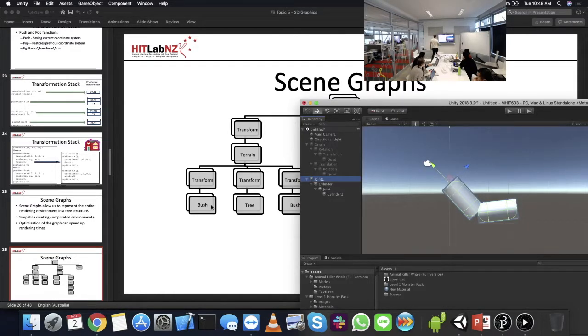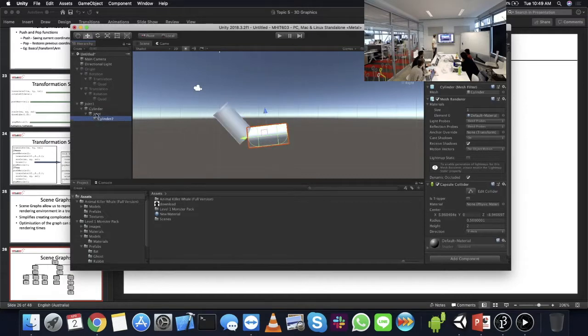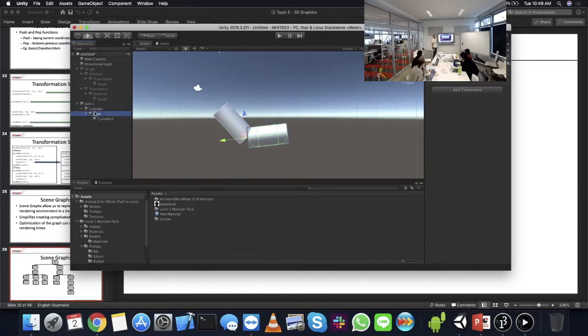So I've tried to sort of mimic that idea a little bit here, in that we have joint 1 and joint 2 really, to make sense. But these two joints, you'll notice they have no components attached to them. They're only a transform. Their only purpose in life is to have their rotation changed. They don't actually draw anything, but when you change the rotation, they affect their children. And then we have these 2 cylinders, and all they are there to do is be drawn.